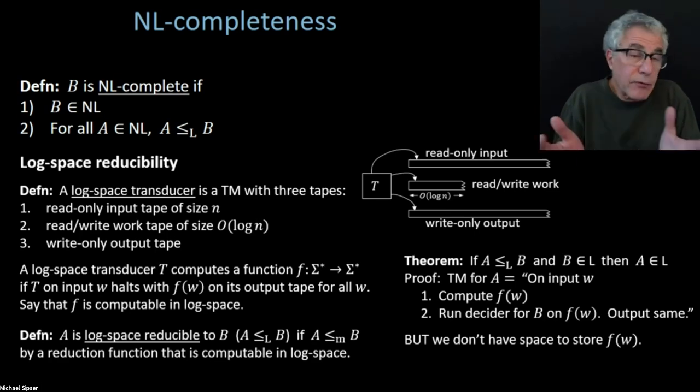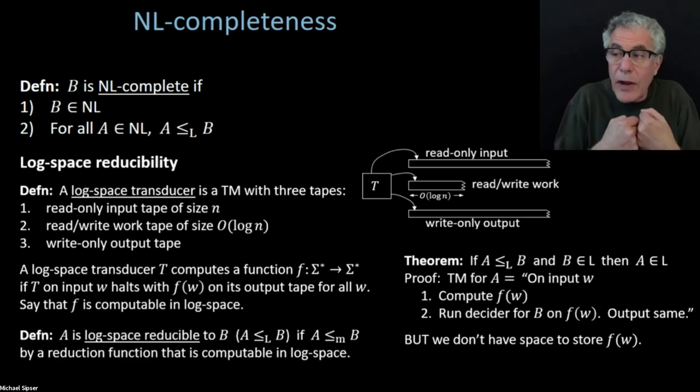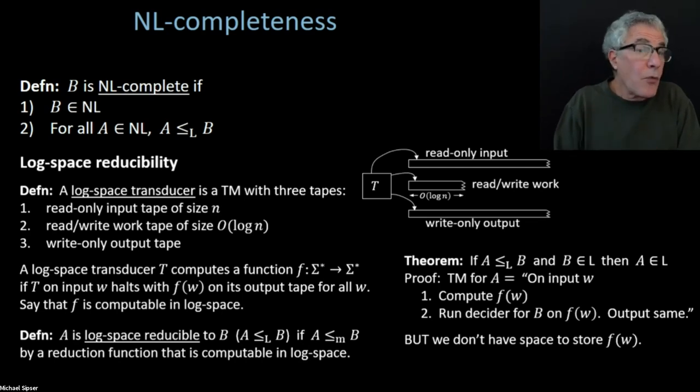I think the better way to think about it is that every time the decider for B needs another symbol, we start the transducer over again and throw away everything except for the one output symbol that we need.